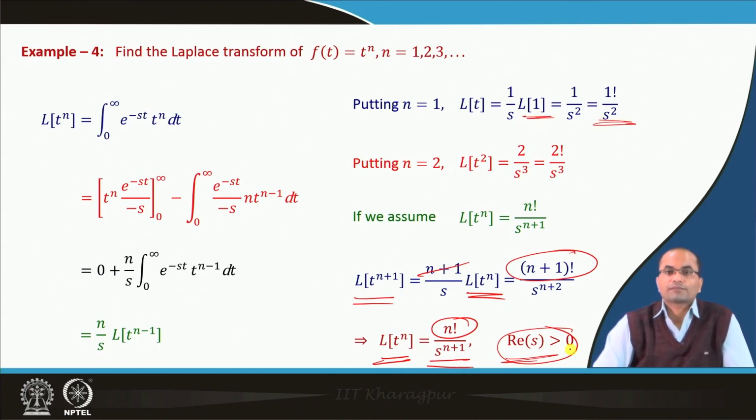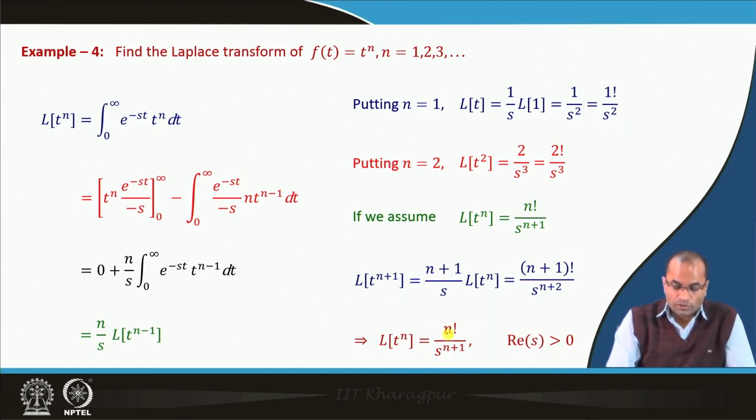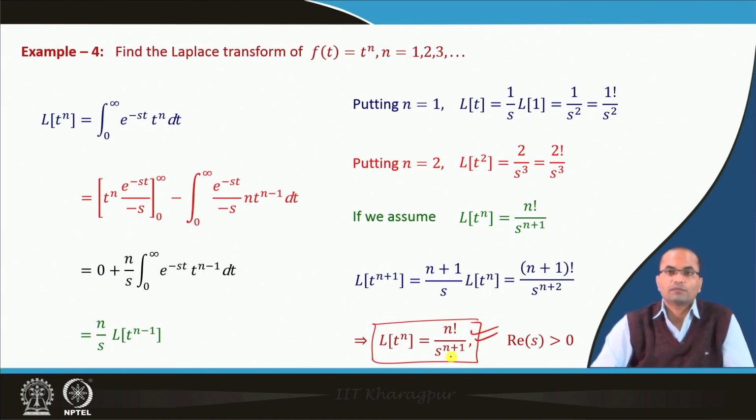So, we got the relation that the Laplace of t power n is factorial n over s power n plus 1. This is a very useful result which can be used for evaluation of polynomials and many other functions wherever t power n appears.